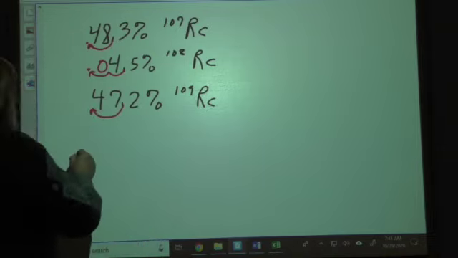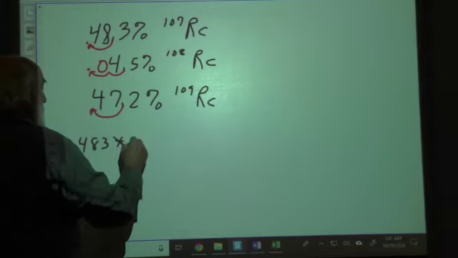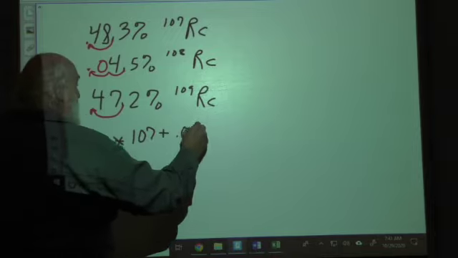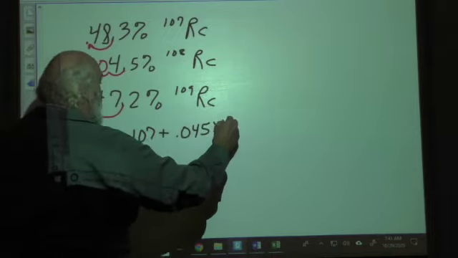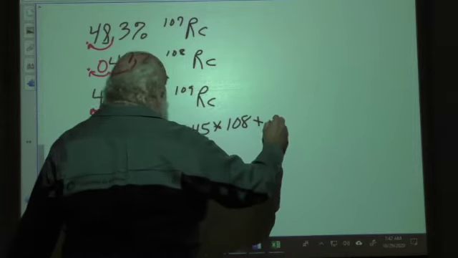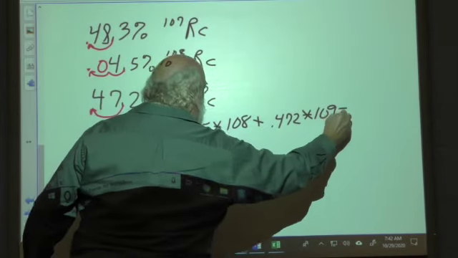So when we put this together, we get 0.483 times the mass 107 plus 0.045 times the mass of 108 plus 0.472 times the mass, which is 109.